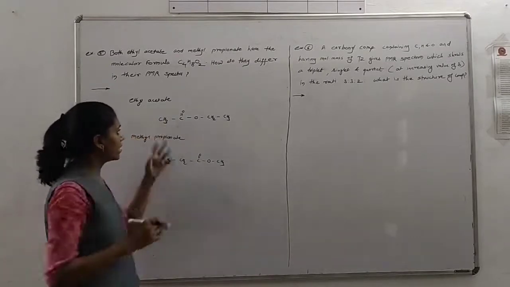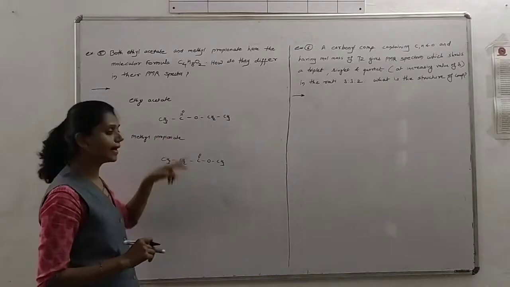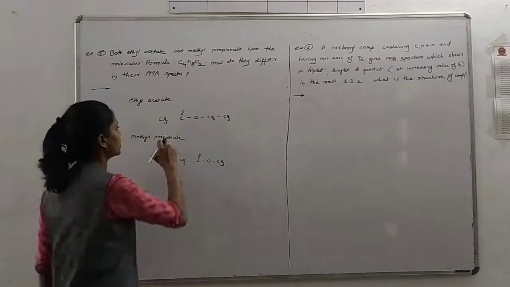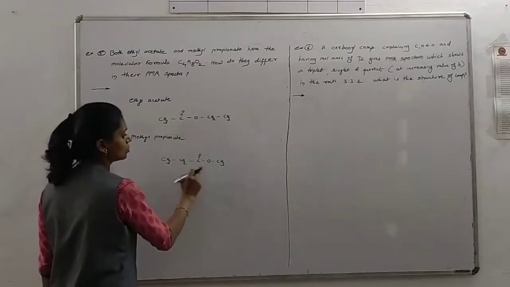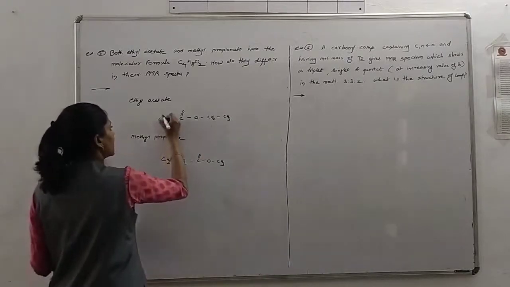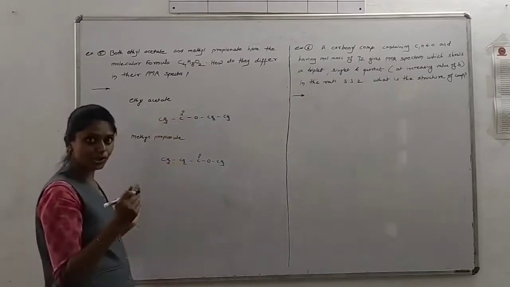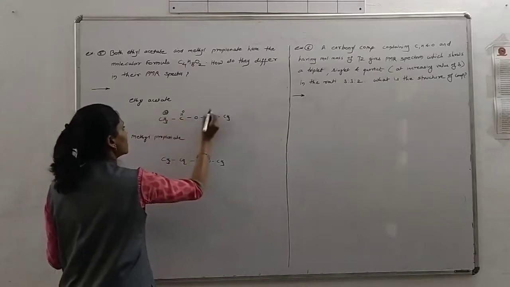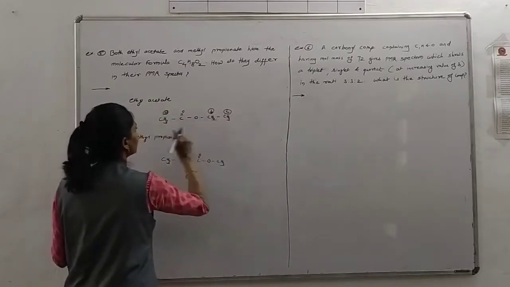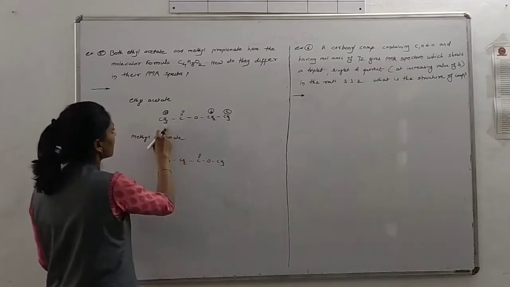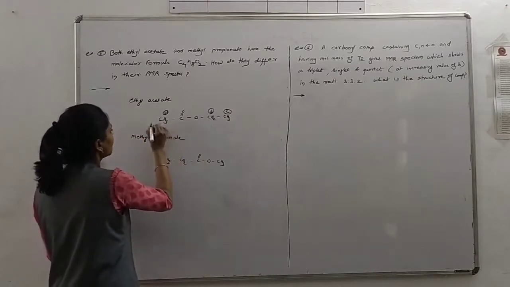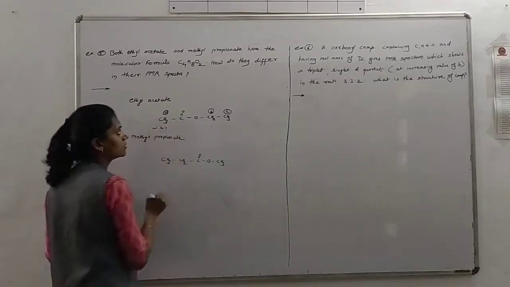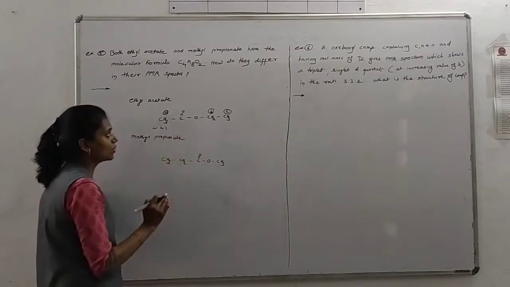In both there are 3 signals, 1, 2, 3, 1, 2, 3. But there is a difference in the position of these signals. Here we consider A, B and C. This CH3 is absorbed at approximately 4.1, since it is attached to the carbonyl group.